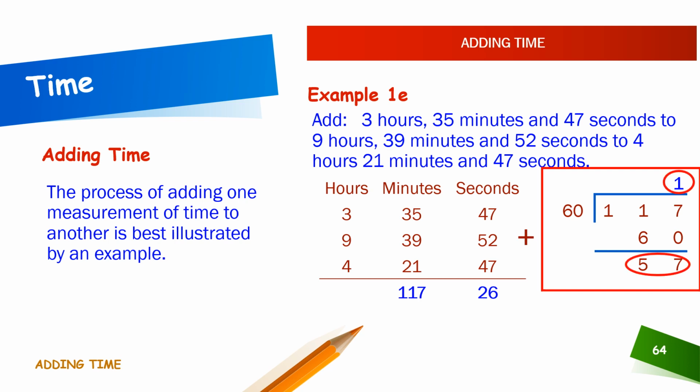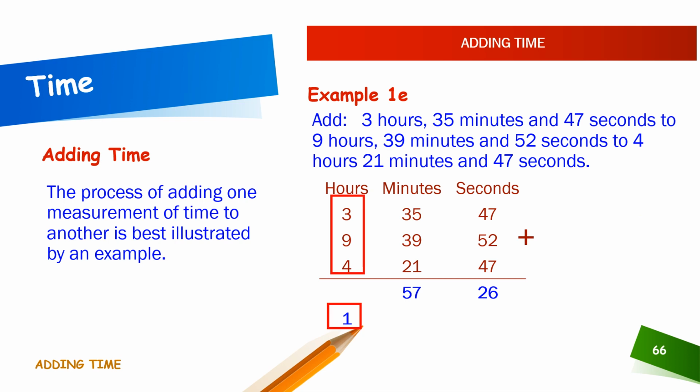So 117 minutes is 1 hour and 57 minutes. And we express this as shown in the table. Finally, we add the hours to give 17, as shown. So our answer is 17 hours, 57 minutes and 26 seconds.